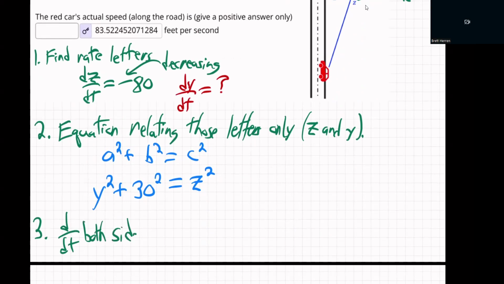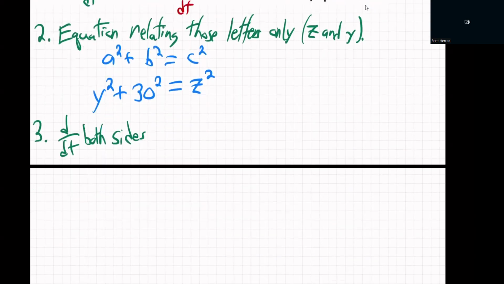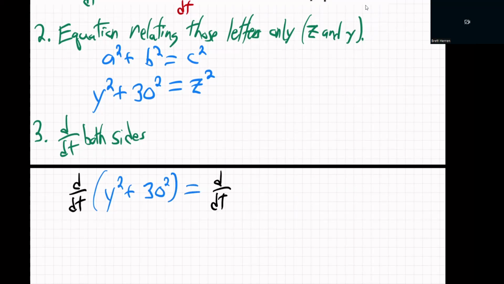on both sides. So I'm going to go d/dt of y squared plus 30 squared, and I'm going to go d/dt of z squared.